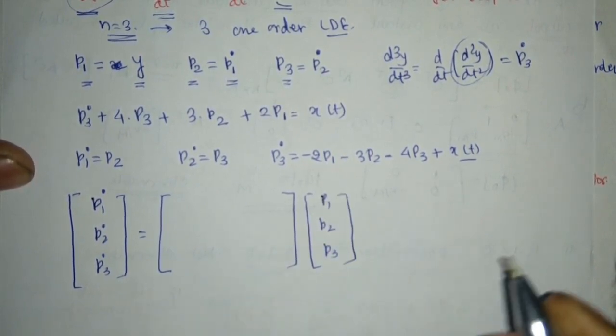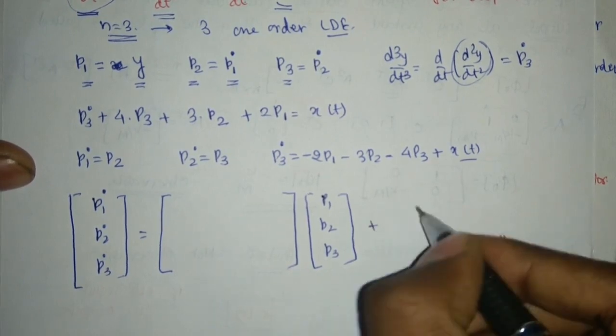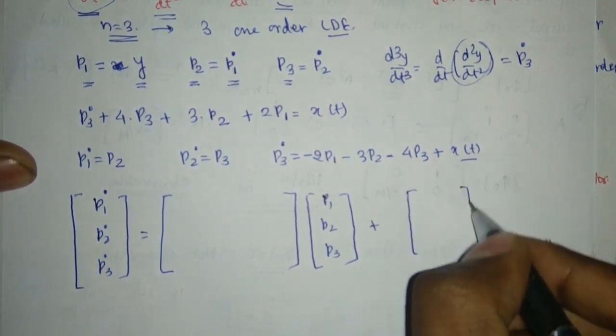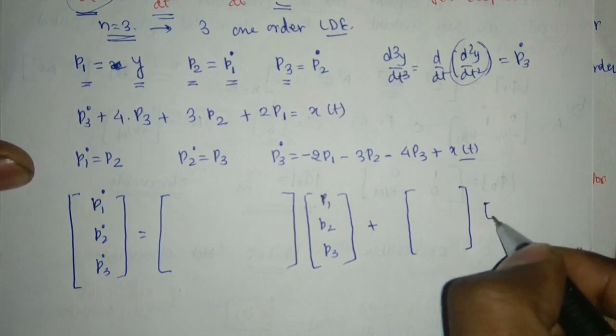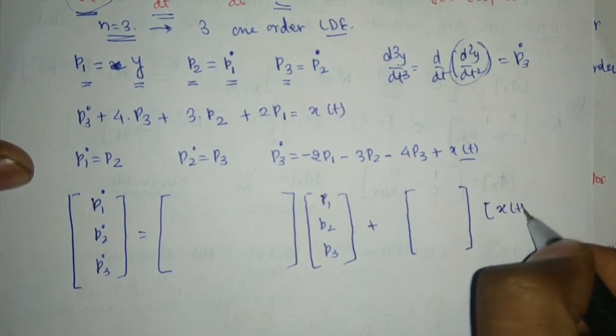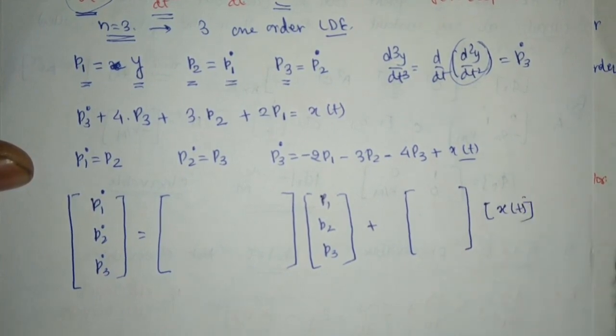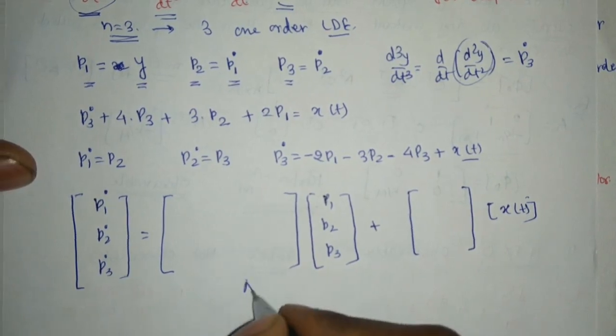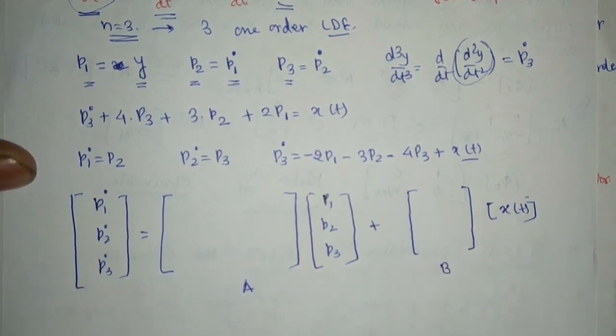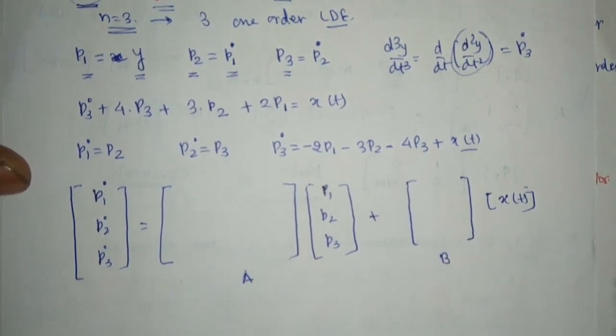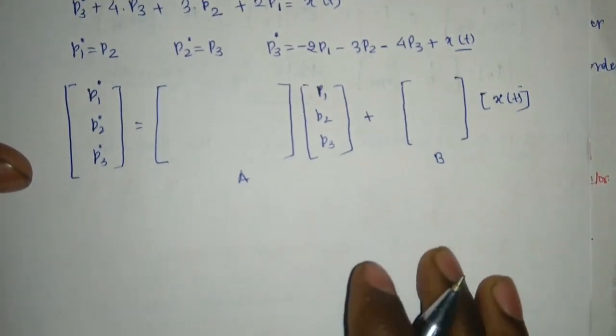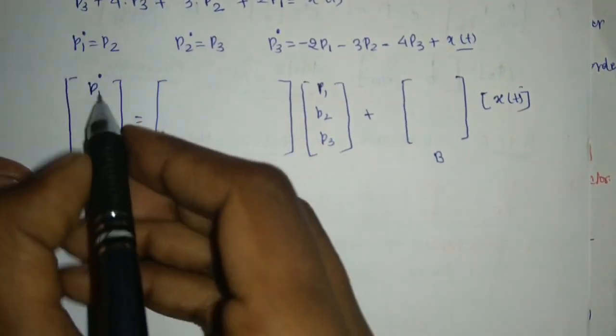Plus there is going to be a second matrix here, and its multiple will be only the input, that is x(t). Clear? So let's get matrix A and matrix B here. What will be our matrix A and what will be our matrix B? Looking at these equations, I can say P1 dot is what?